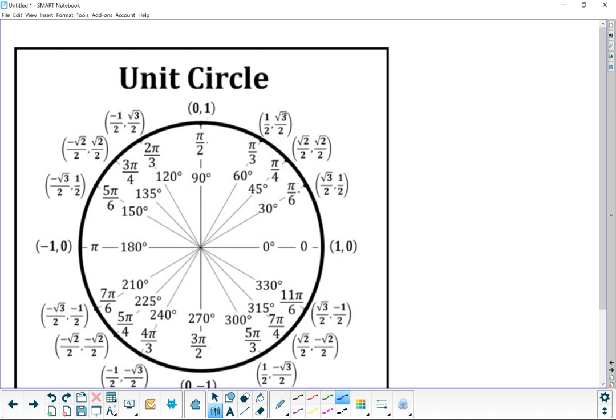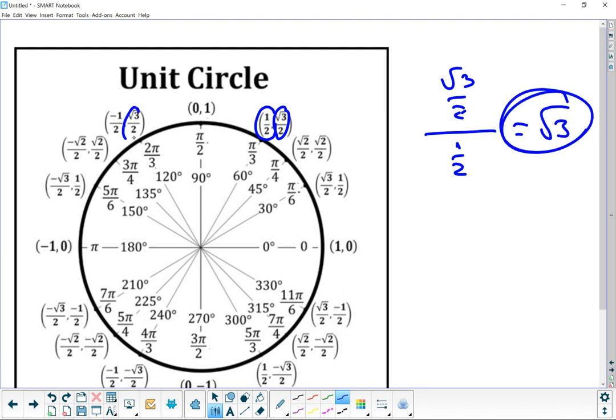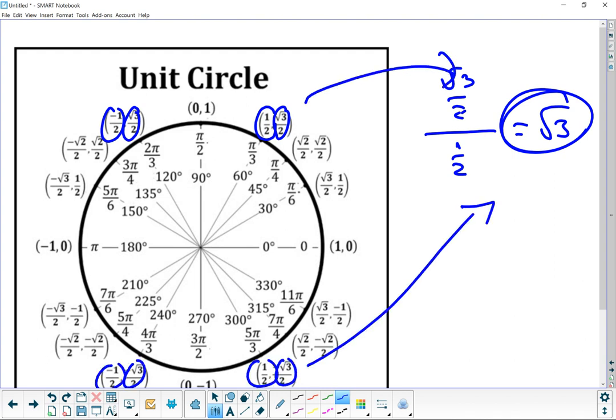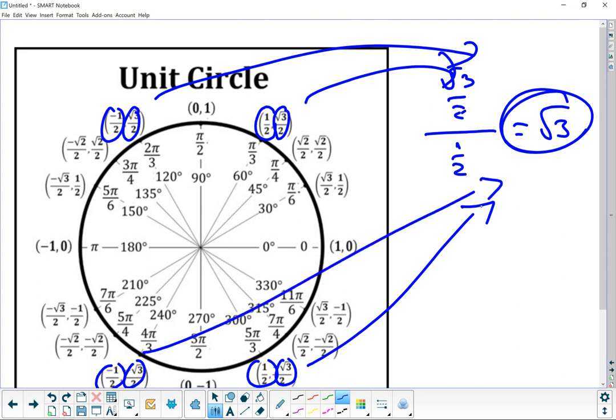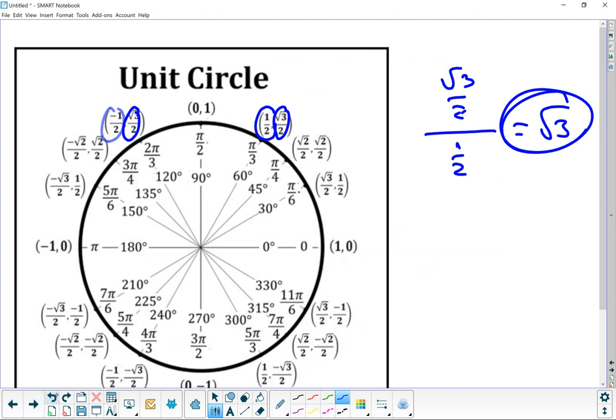And all of these, radical 3 over 2 divided by 1/2, all of those are going to give you radical 3 or negative radical 3. So these two, and these two, are all going to give you some kind of radical 3. So that's not going to give you 1/3.